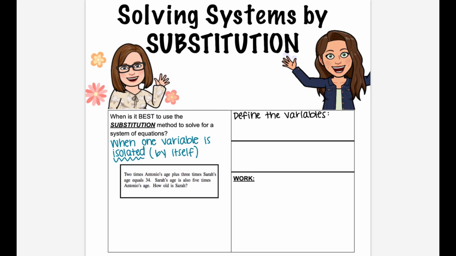So we want to know what Sarah's age is, but we can't necessarily find that out unless we know how old Antonio is. So we have two variables. We'll let them be x and y. We'll say x is Antonio's age, and we'll let y be Sarah's age.